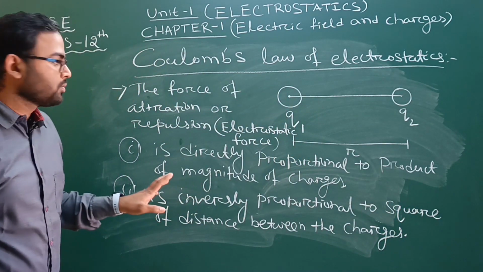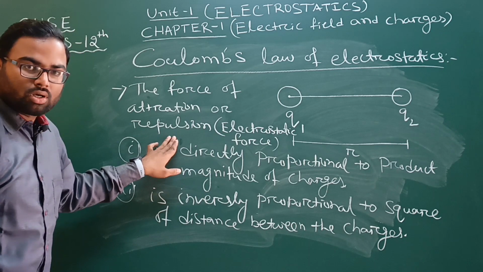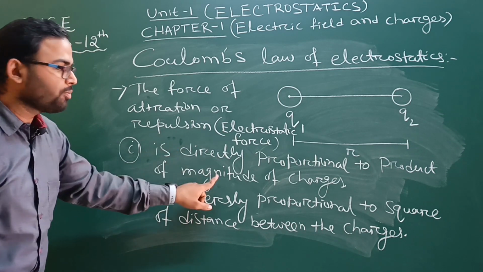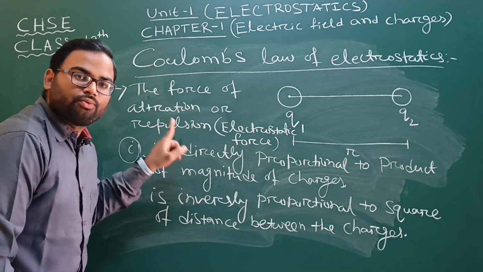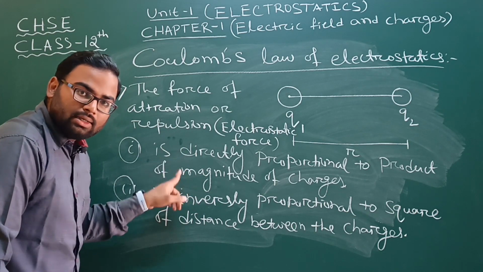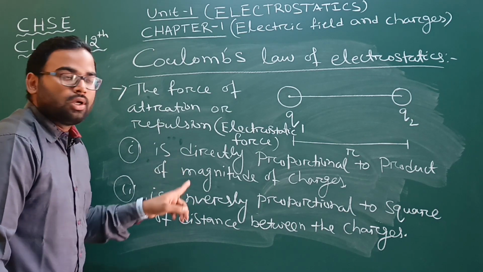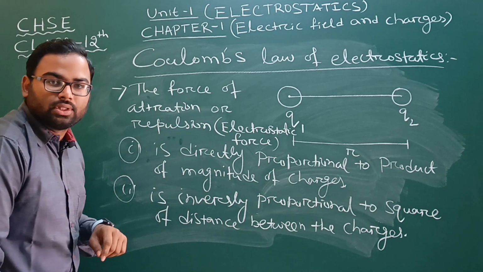This is the law. The force of attraction or repulsion is directly proportional to the product of the magnitude of charges and inversely proportional to the square of distance between them.